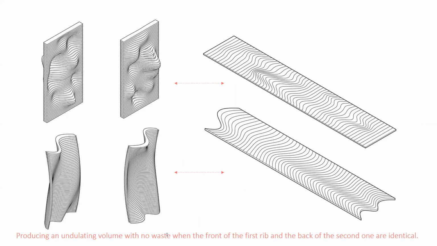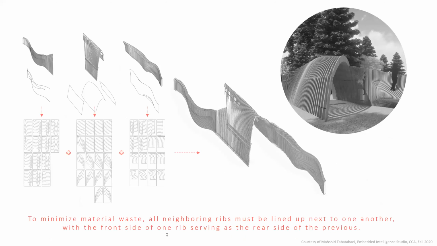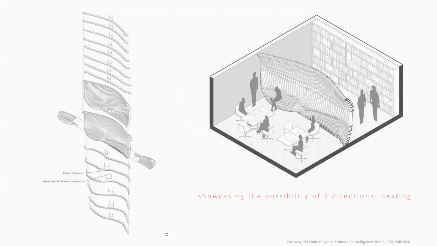So with one cut, you're cutting two sides of two pieces. That reduces a lot of the cutting time and a lot of waste in the material. And you can break the overall geometry into smaller components or segments that can be produced with this method, given the size of the material that you have.